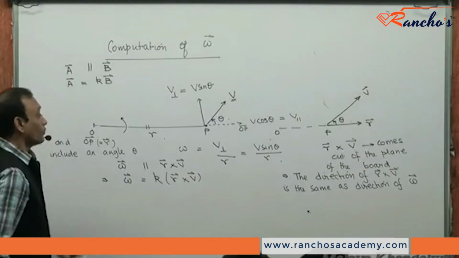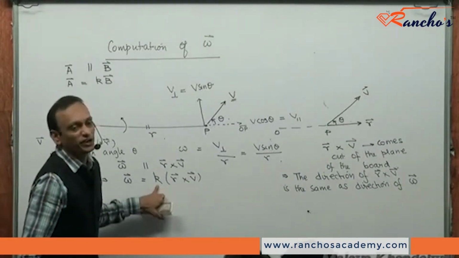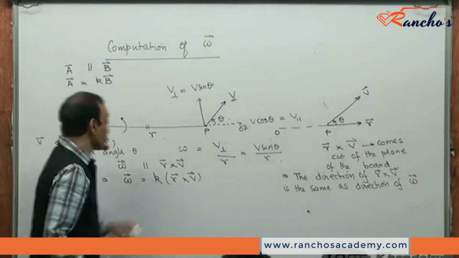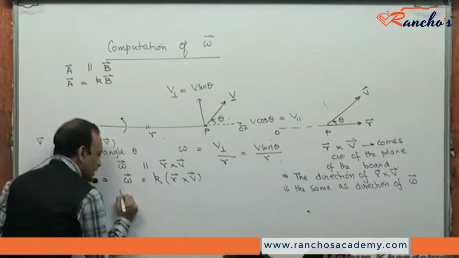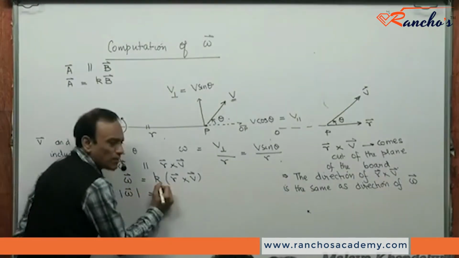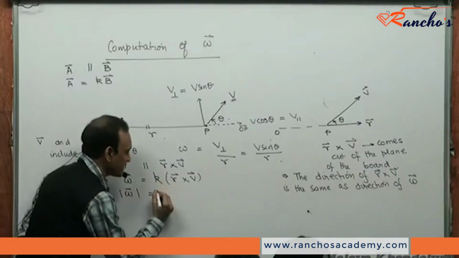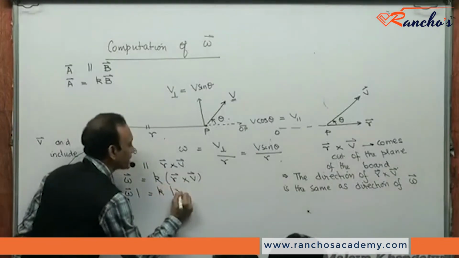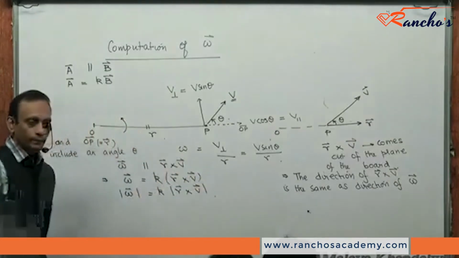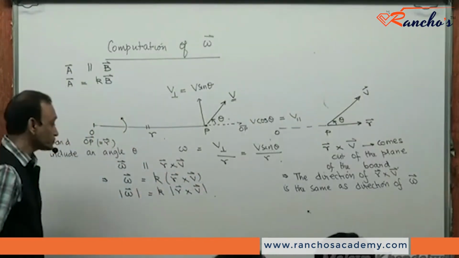Right? Now, I need to find the value of K. Clear? Let me take the magnitude of both sides. Magnitude of omega is K times magnitude of R cross V, since K is a positive scalar.